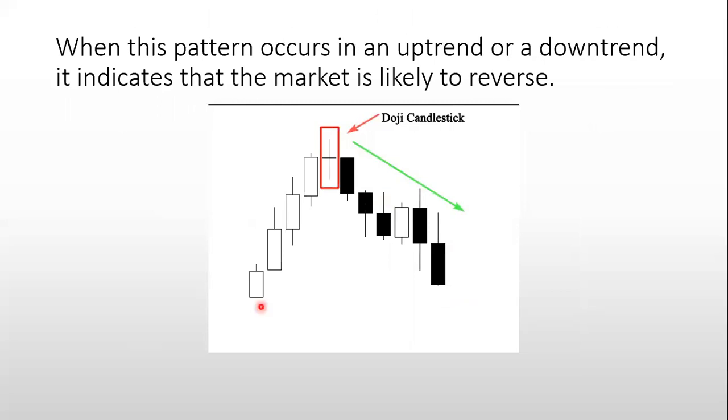So if you have the buyers taking control over the market and the doji candlestick sets in, it may be able to reverse the market downwards. The buyers and the sellers are equal in the market, so when a doji sets in, it could tell that a reversal is about to take place. So bias all the way up, doji candle sets in, and the market reverses downwards, making it bearish.